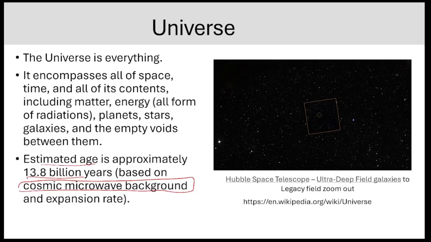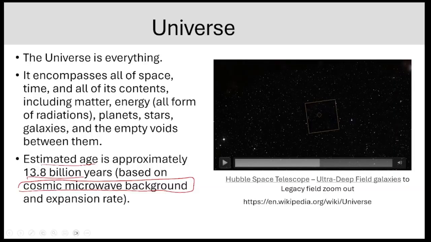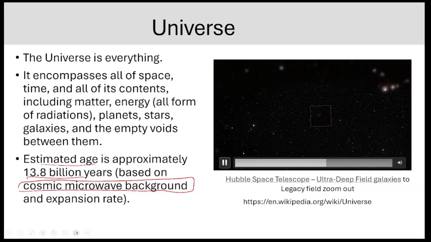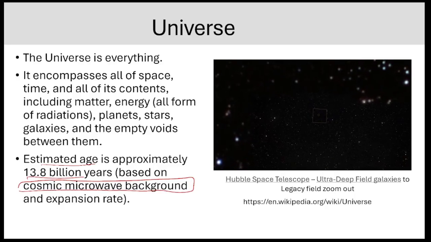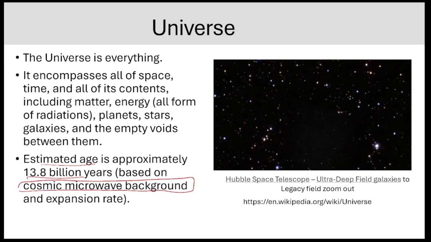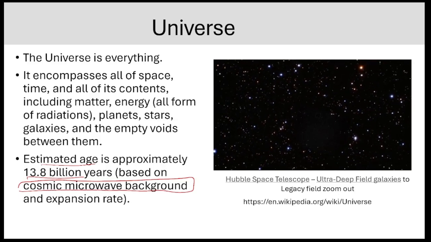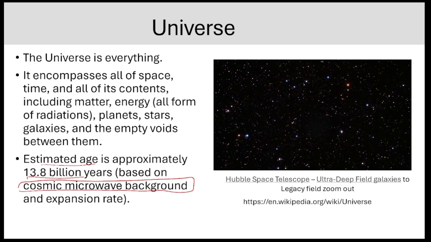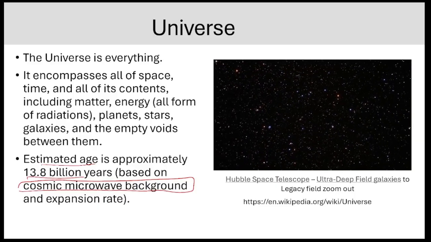We can see in this video, which is a zoom out video, that it starts with a small area, and then it keeps going on, showing us the scale of the universe.